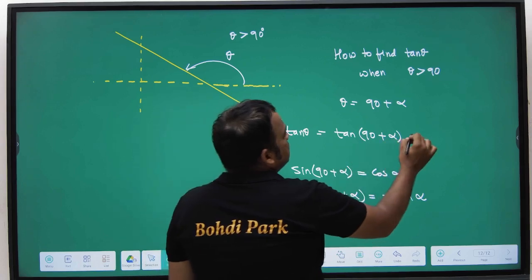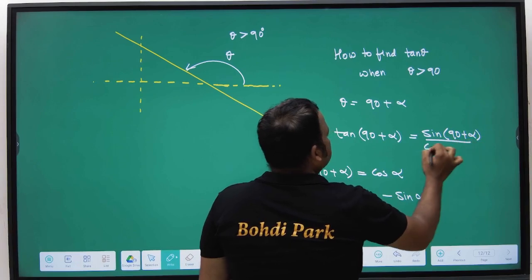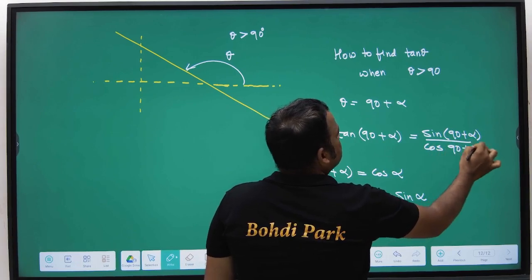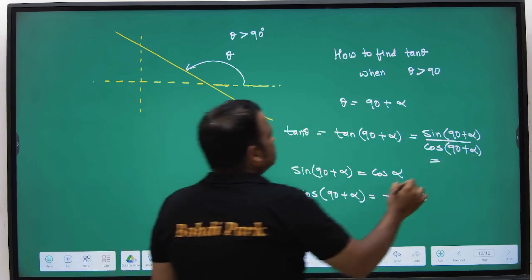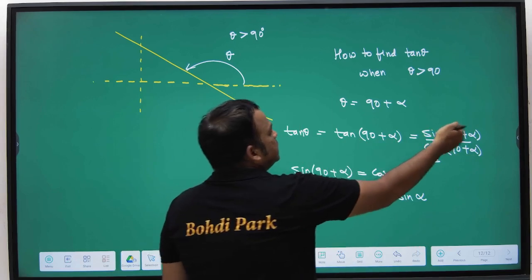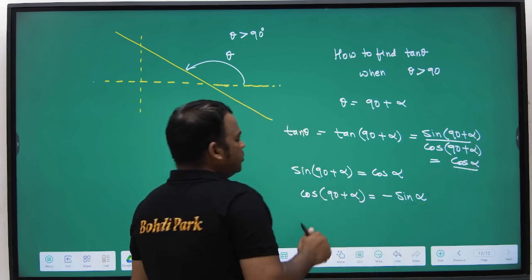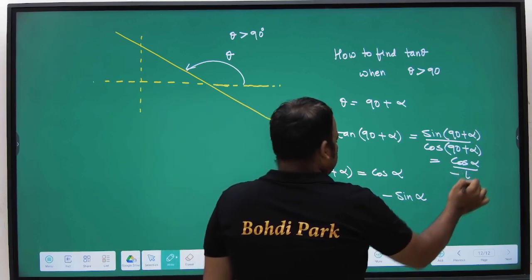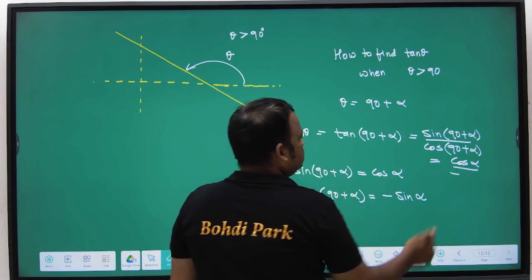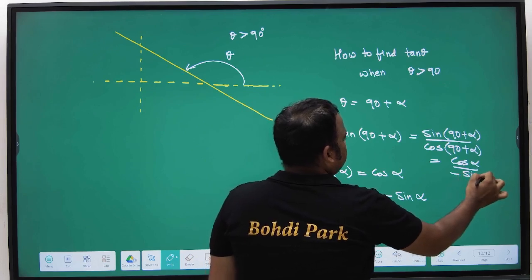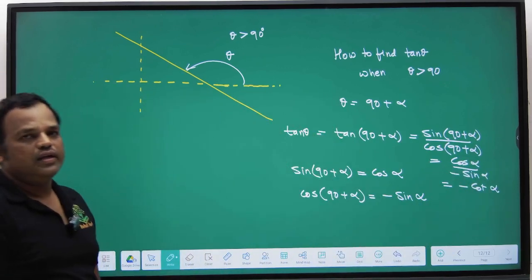So tan 90 plus alpha is sin 90 plus alpha divided by cos 90 plus alpha, which is cos alpha by minus sin alpha. It will be equal to minus cot alpha.